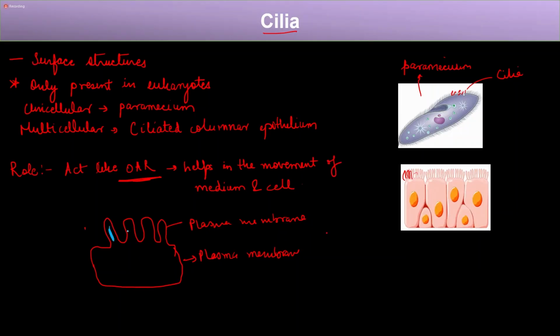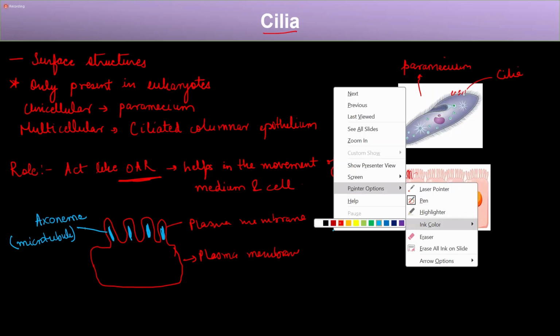We'll see a certain structure present in this cilia, something like this. And this special structure is known as axoneme. This structure is made up of microtubules. So the cilia has this structure that is called axoneme.